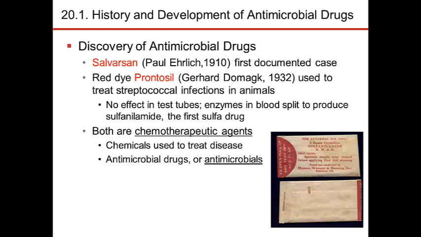Gerhard Domagk, its discoverer, saved his 6-year-old daughter Hildegard from an amputation of her arm. She had contracted a severe streptococcal infection from an unsterilized needle. Both salvarsan and sulfanilamide are chemotherapeutic agents.